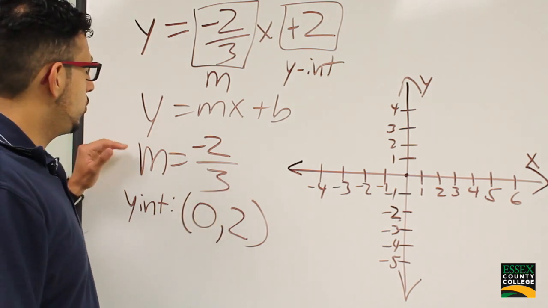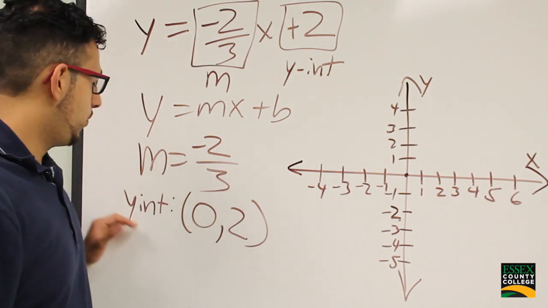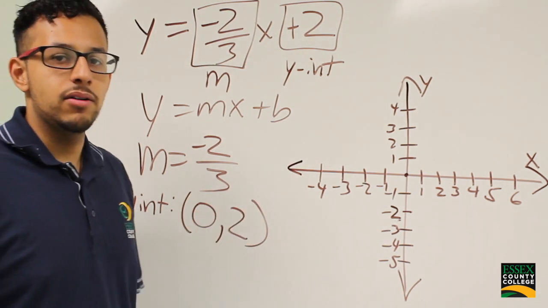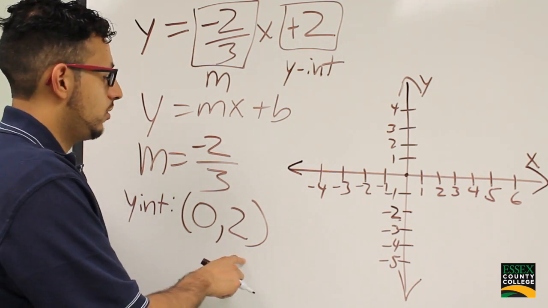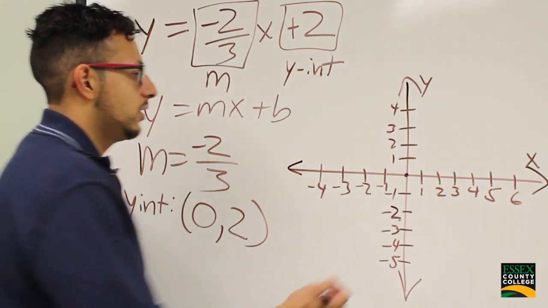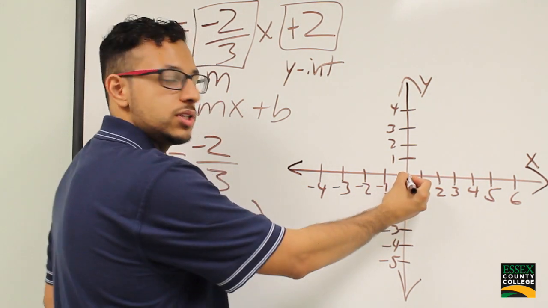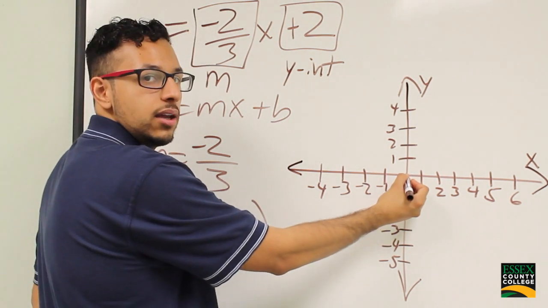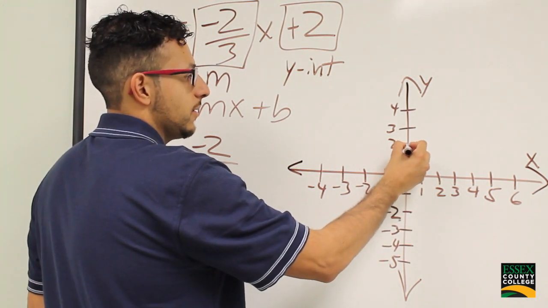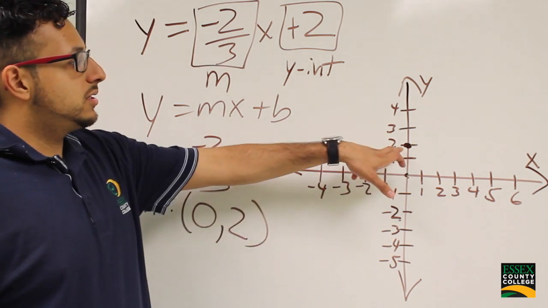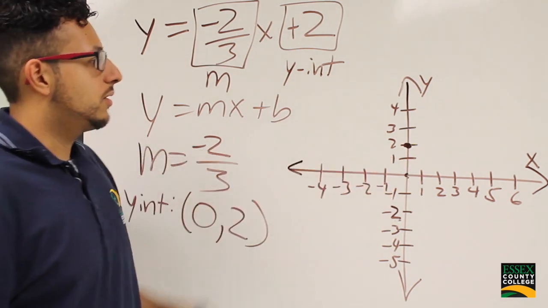Now we're going to use the slope and the y-intercept to help graph our equation. First we plot the y-intercept, (0, 2). We start at the origin, 0 for x means we stay here, 2 for y means we go up 2 because it's positive. This is the y-intercept, the point (0, 2).